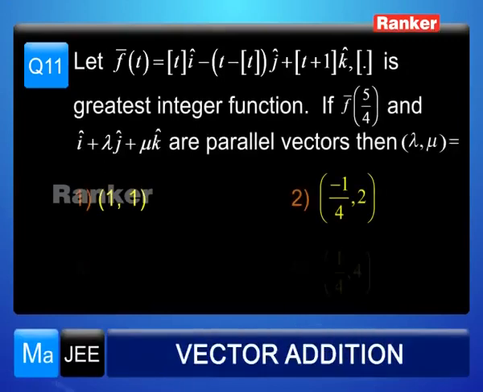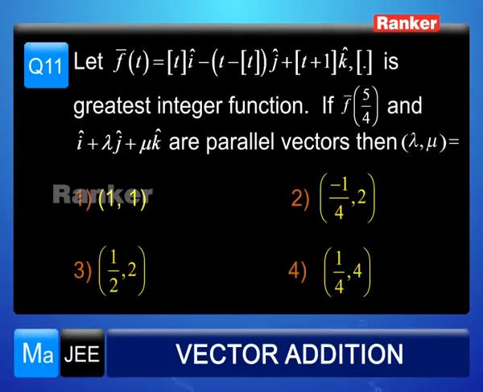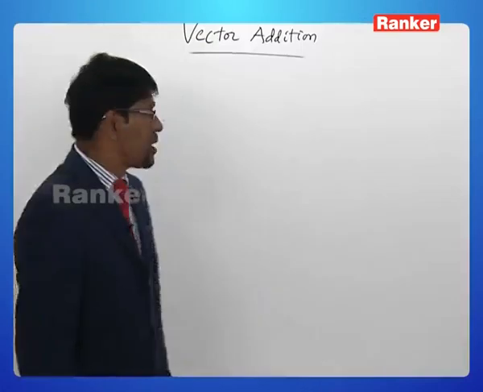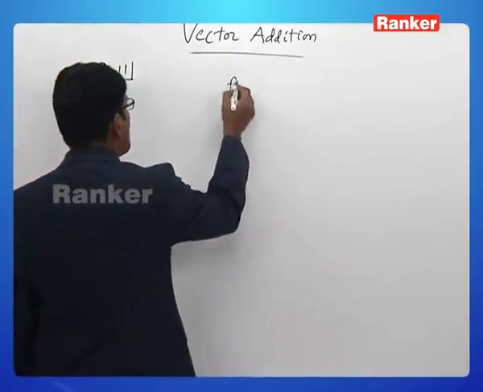Let f bar of t be equal to bracket of t into i cap minus fraction part of t into j cap plus bracket of t plus 1 into k cap, where bracket denotes the greatest integer function. If f bar of 5 by 4 and i cap plus lambda j cap plus mu k cap are parallel, then lambda and mu are. It's just a notation that we just need to observe.